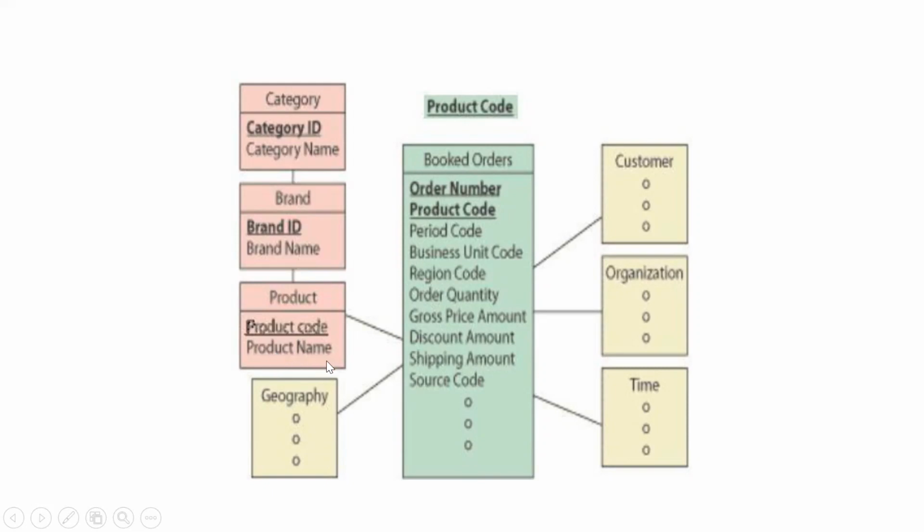Likewise, we have split the brand table with category as well, so we need the key column to be present there too. So this is called a snowflake dimension.